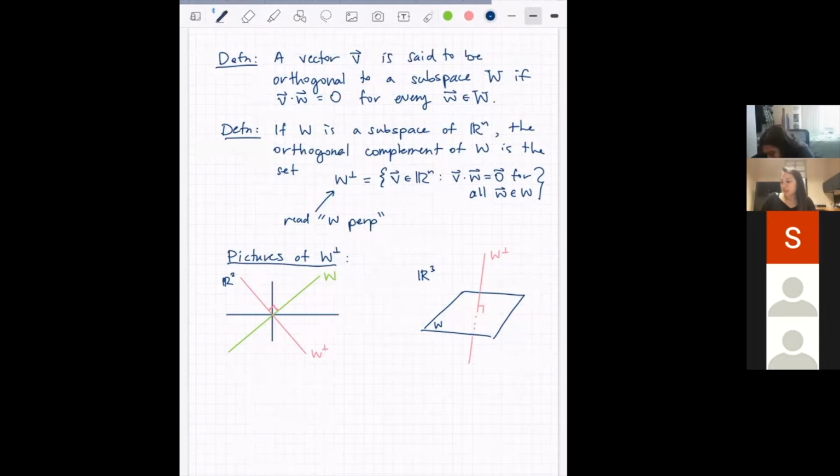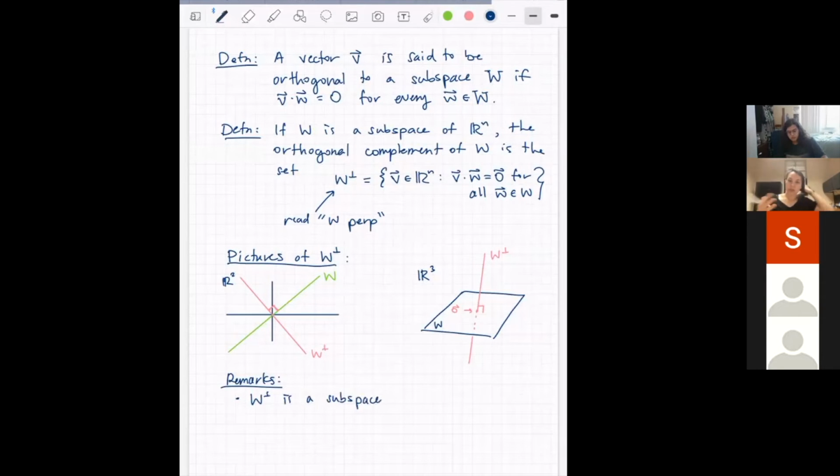Okay, so these are two examples of W perp just drawn out. This would be the 0 vector right here. Maybe you could guess from these pictures, but it turns out, some remarks about the orthogonal complement, that W perp is actually a subspace.